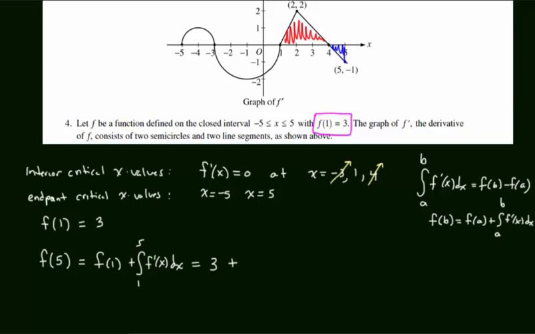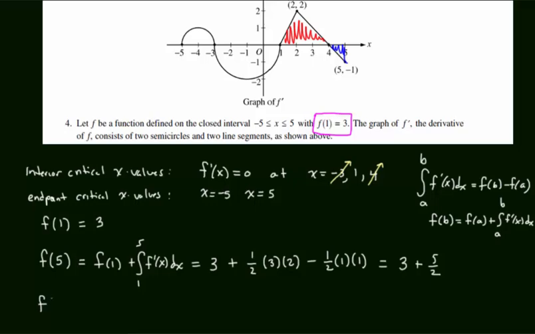The area of the red triangle is going to be 1/2, the base will be 3, and the height will be 2. And then I need to subtract the blue triangle, which is 1/2, a base of 1, and a height of 1. Which will give me 3 plus 6/2 minus 1/2, or plus 5/2. 3 plus 5/2.